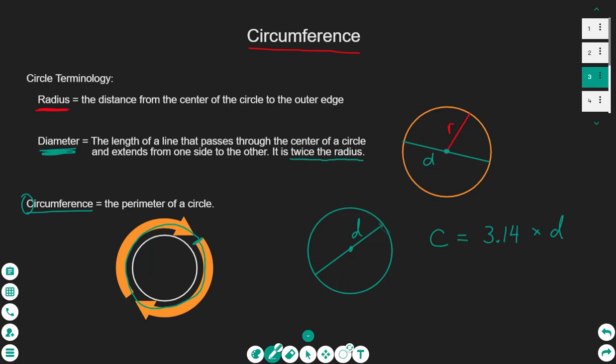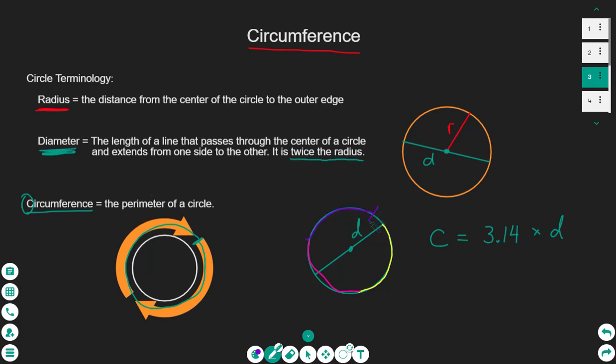If I were to take this diameter here and start wrapping it around the circle, say that this is 1 diameter, and then maybe this is another diameter. It's not a very good diameter. This is maybe another diameter. And then finally, maybe this is a third diameter.